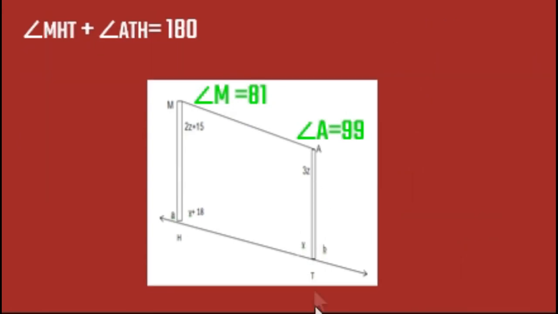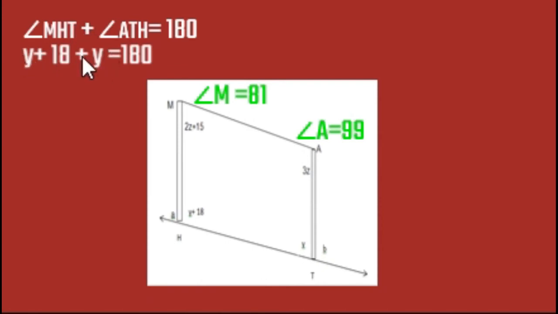Next, let's find the measure of these two remaining angles. Angle MHT, or this angle, plus measure of angle ATH, or this angle, is equal to 180 degrees. So let's find the value of y. Let's substitute the given information. Angle MHT, y plus 18, plus angle ATH, y, is equal to 180 degrees.